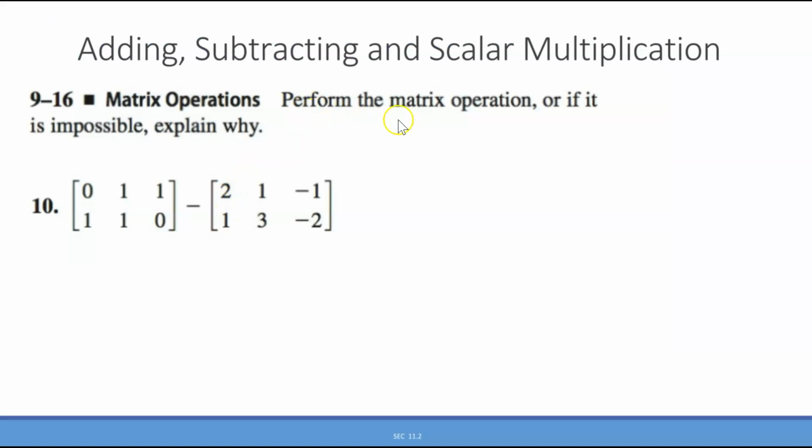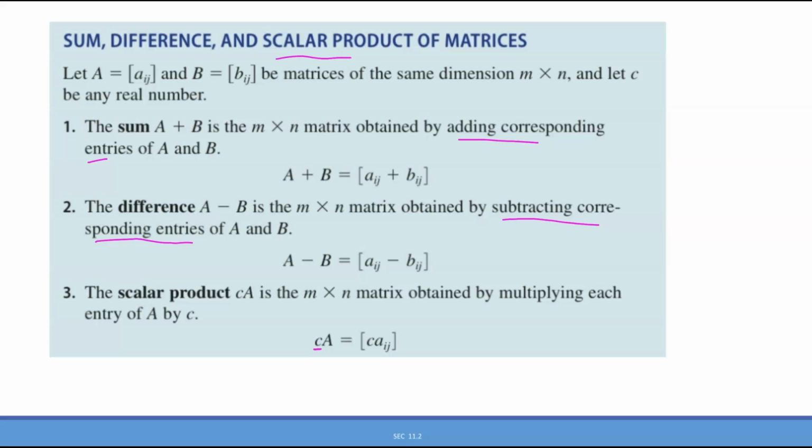Okay, so we want to perform the matrix operation, or if it's impossible, explain why. So why would it be impossible? Both matrices have to have the same dimensions. If both matrices do not have the same dimensions, then we can't add or subtract.